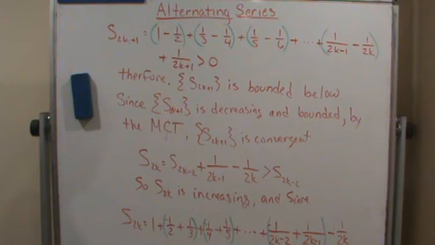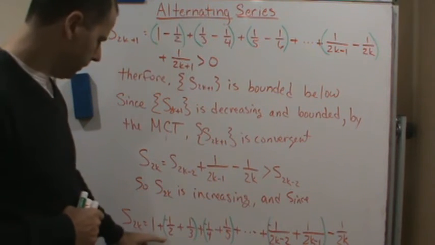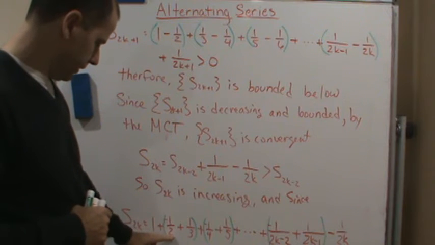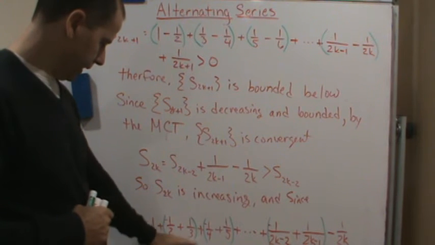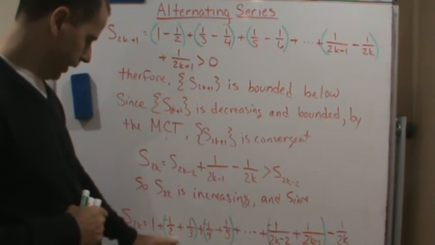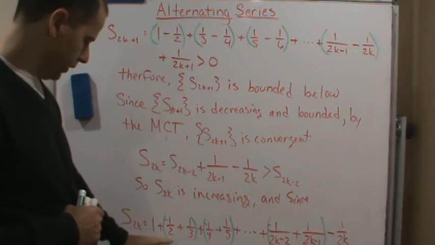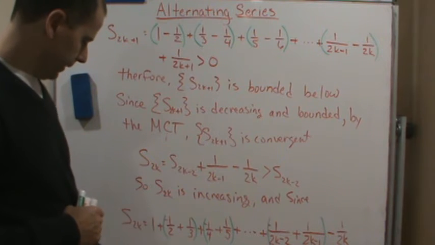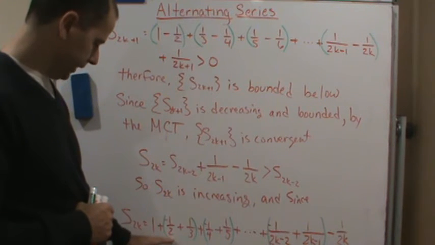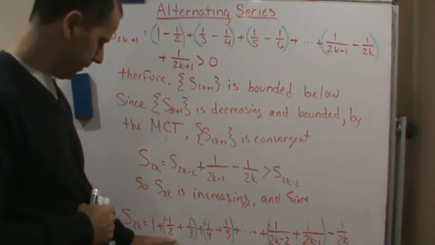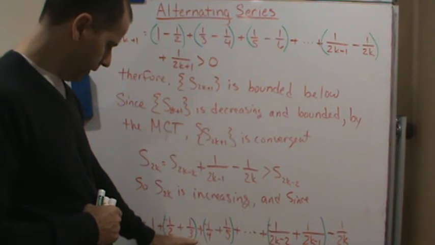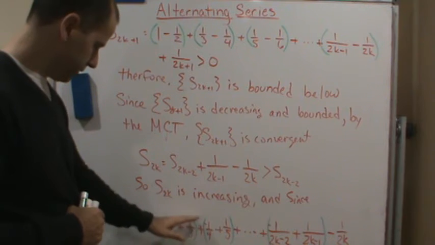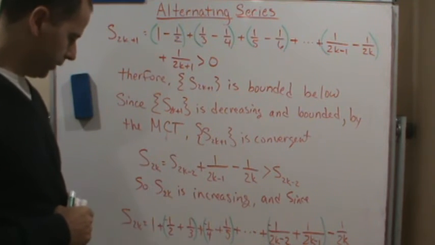Well, here I got 1, and this turns out to be a negative number, right? Because I'm adding something smaller to a negative number that's bigger. So this is a bigger negative, right? A half is bigger than a third, and since this is negative, this whole group here is going to be negative.